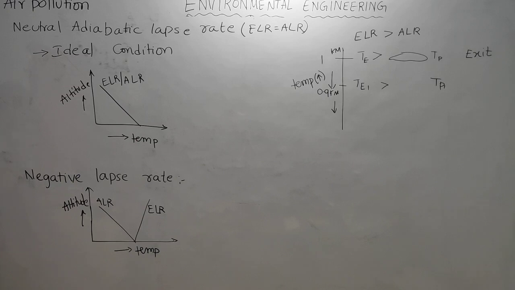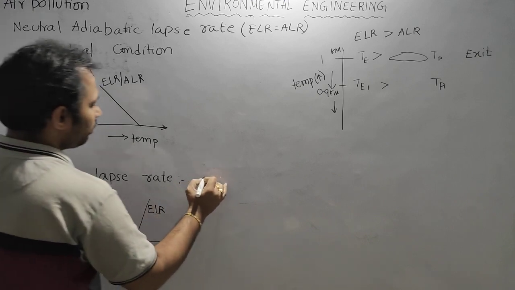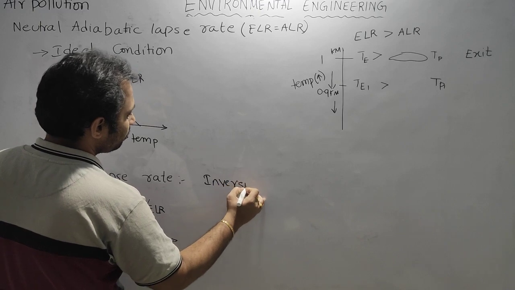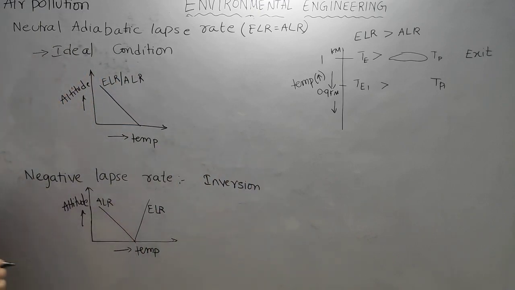In this negative lapse rate, we call this condition inversion. When the temperature of the environment is increasing, the pollutant parcel will come down.